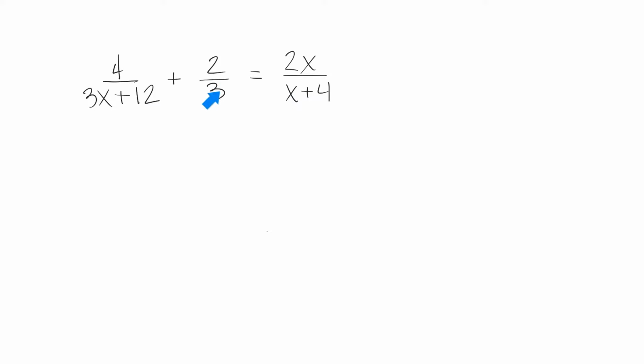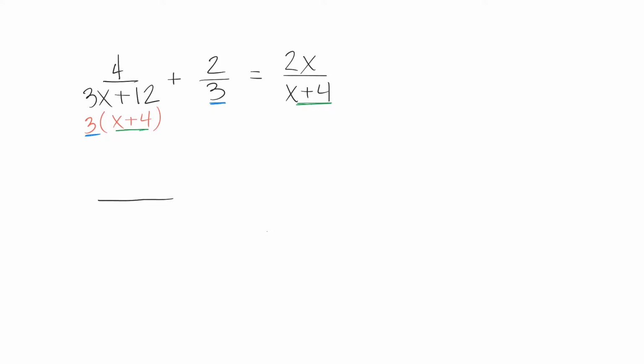But a 3 and a 4, that equals 12, doesn't it? Can't I factor out a 3 right here and get x plus 4? And if I do that, then I've got the 3 and the 3 that's appearing, and the x plus 4 and the x plus 4. So actually, this 3x plus 12 is my least common multiple, and I can use that as a common denominator. So be careful for that.